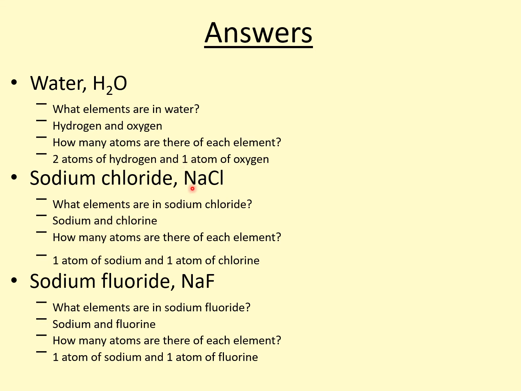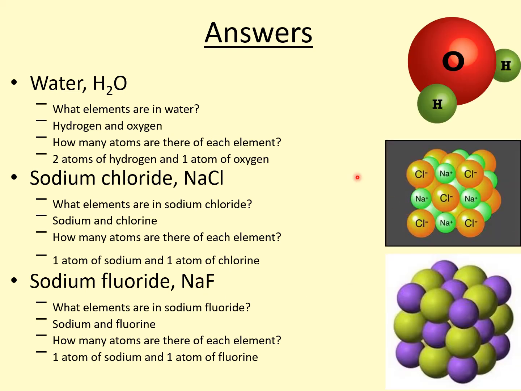Or rather, you've got 1 atom of sodium for every 1 atom of chlorine. In an actual sample of sodium chloride, you'd have sextillions of atoms. And in sodium fluoride, you've got sodium and fluorine, and again you've got 1 atom of sodium for every 1 atom of fluorine.